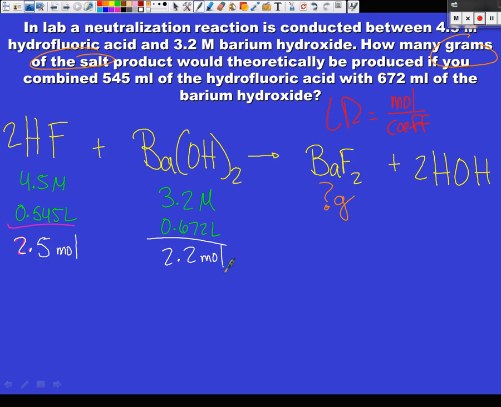Divide by the coefficient. But let me ask you this. Yes, you need to show that step. With your eyeballs, do you even really need to plug it in? No, because 2.5 divided by 2 is definitely going to be less than 2.2 divided by 1, right? So, we now know that HF is our what? Limiting reactant.